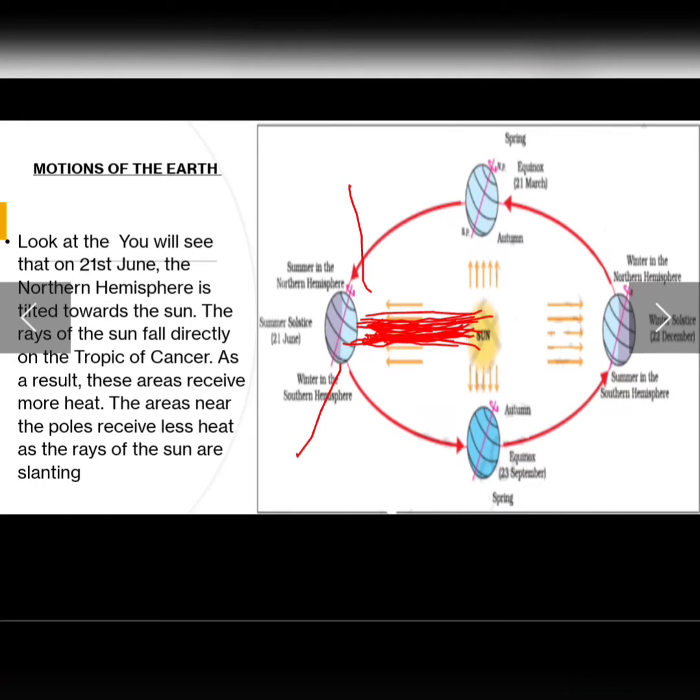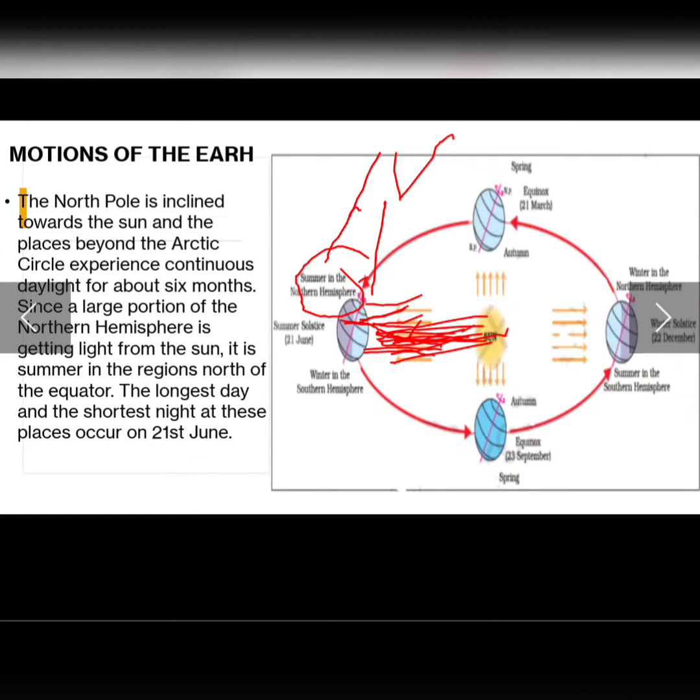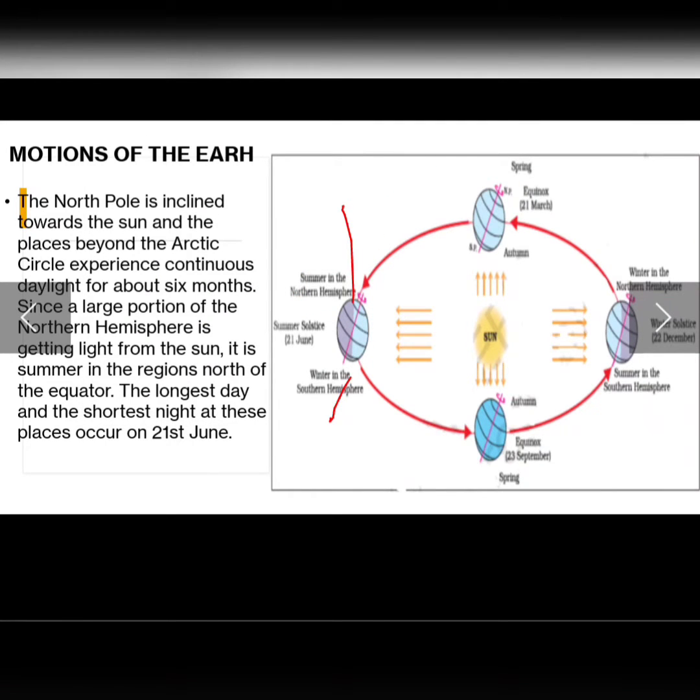Now furthermore, this is our north pole, and this is the south pole. The north pole is inclined towards the sun. The places beyond the Arctic Circle will experience continuous daylight for the next 6 months.